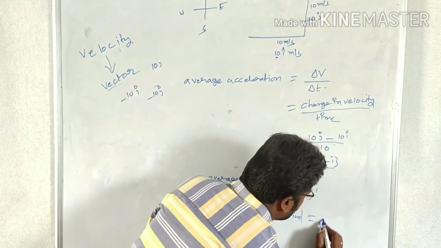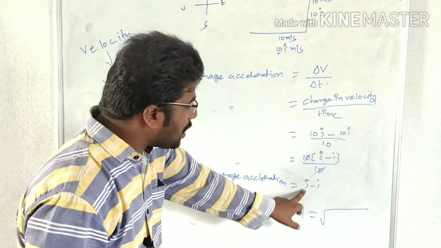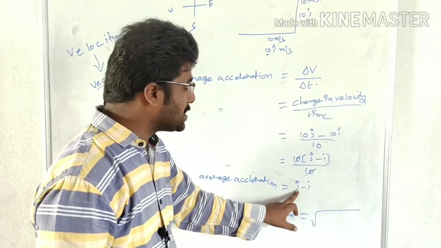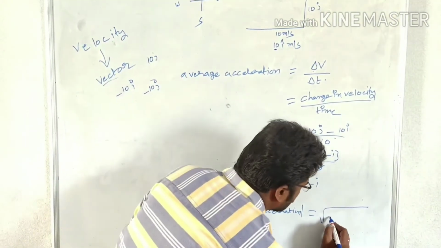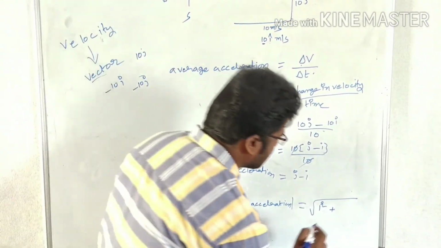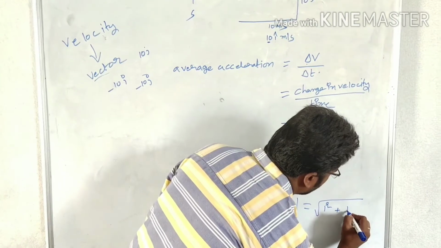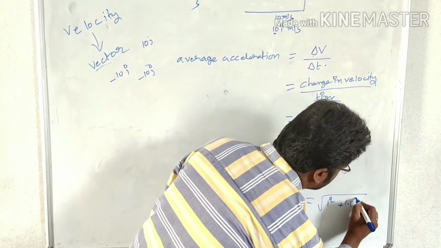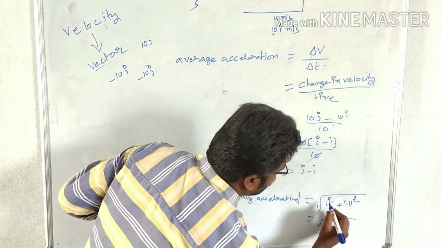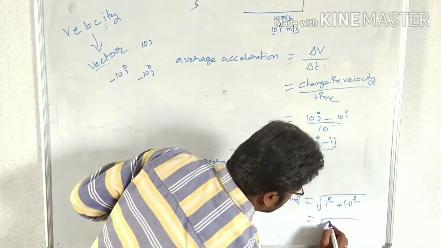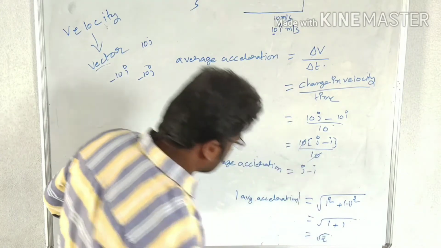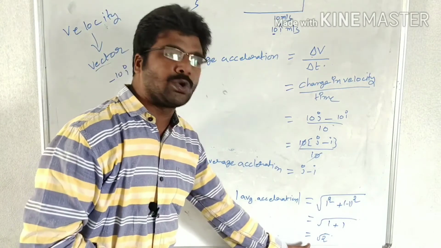Square root of the coefficient of j squared, before j it is 1, so 1 square, plus the coefficient of i, that is minus 1, whole square. So that is square root of 1 plus 1, that is root 2. So the average acceleration is root 2.